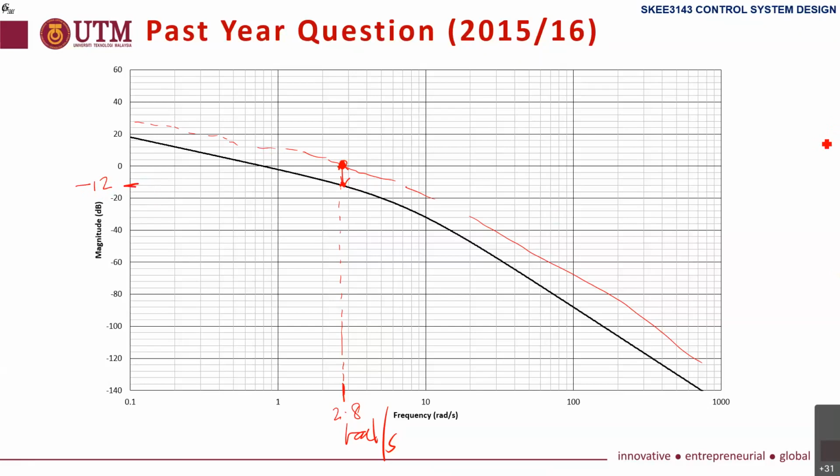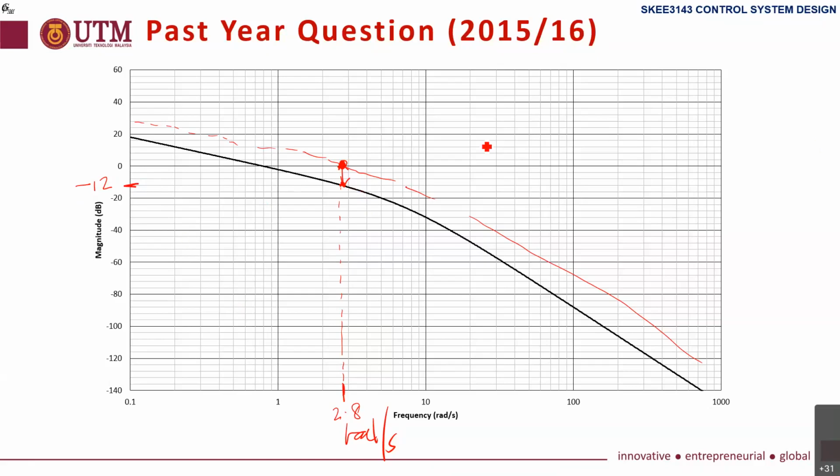Remember K, when we change K, all will be shifted up and down. If we increase, it's going up. If we reduce, going down. But all will be shifted in parallel. So here we want to shift by 12 dB because originally it is at minus 12. We want to add 12.